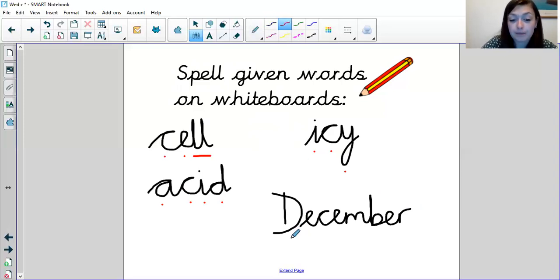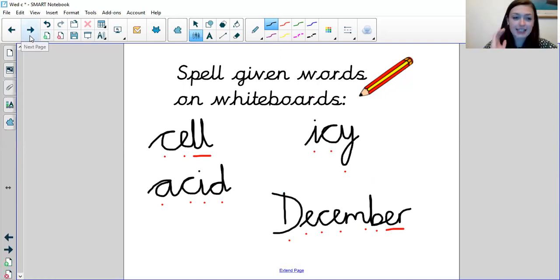Let's put the sound buttons on. December. Did you remember that capital letter? Remember, we don't join our lowercase letters to our capital letters. Make sure your tall letters are as tall as your capitals as well. Fabulous. How did you do?